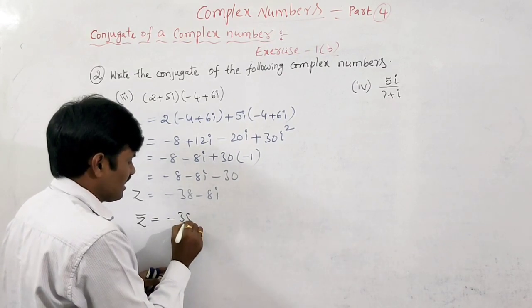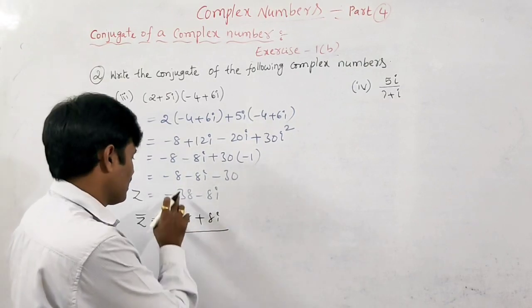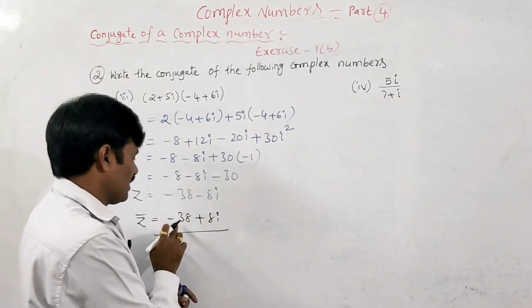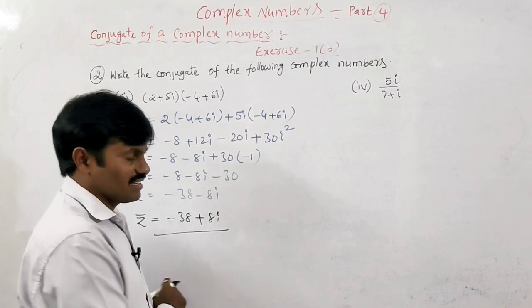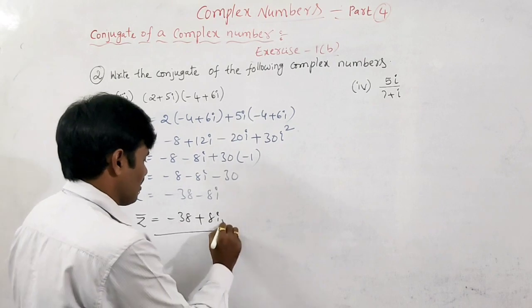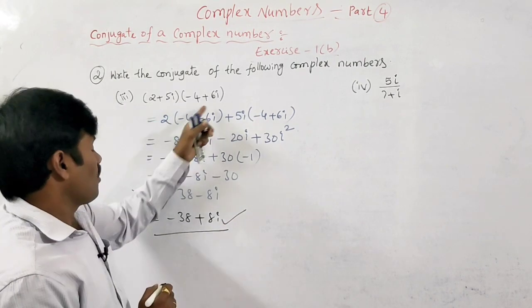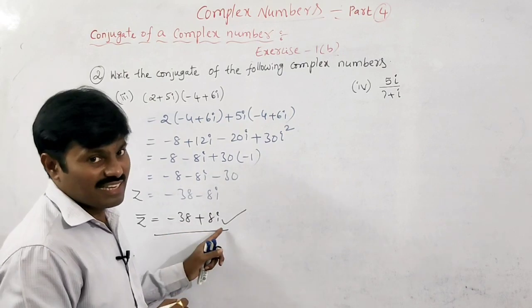So minus 38 plus 8i is the final answer. Because the sum is minus 2 into 38, a real number, and if you find the product also we get a real number itself. So the conjugate of the given complex number is minus 38 plus 8i.